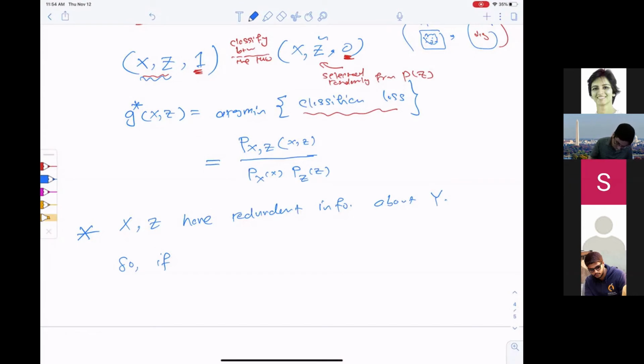If we first predict Z from X, then use the result to predict Y, it should be good.